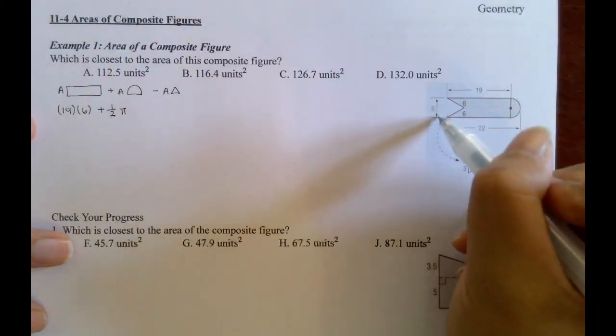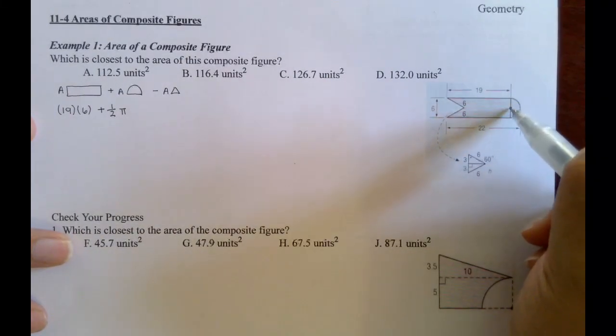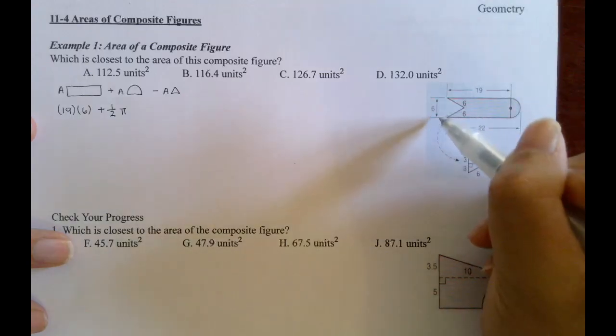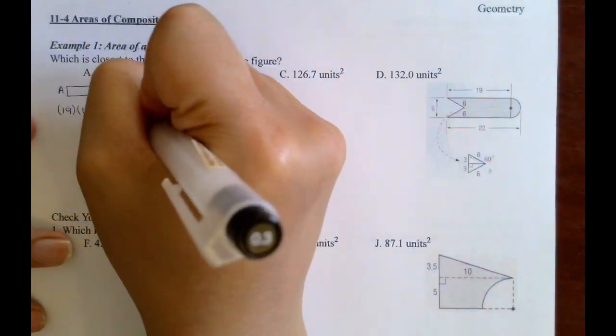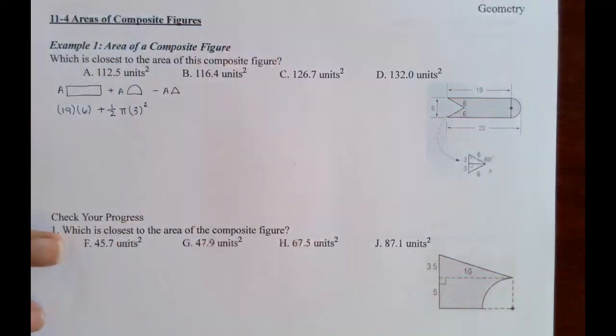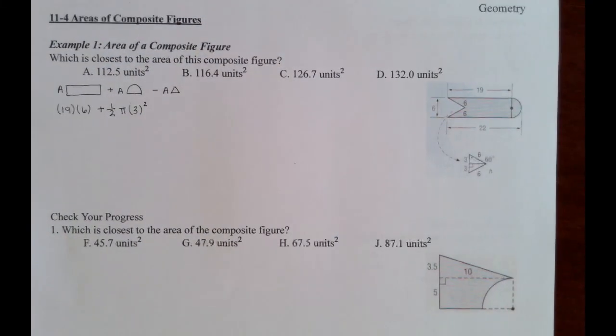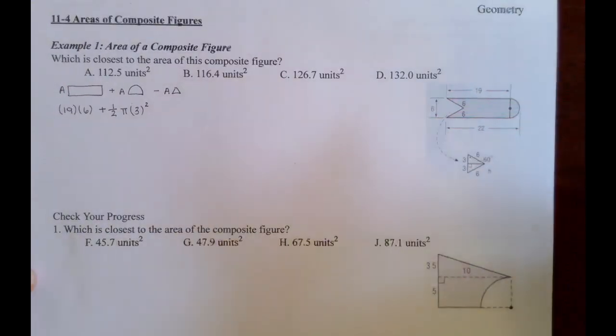This here says that it's 6, so from here to here, this is 6. That's the diameter. We want just the radius, so half of 6 is 3, so 3 squared.